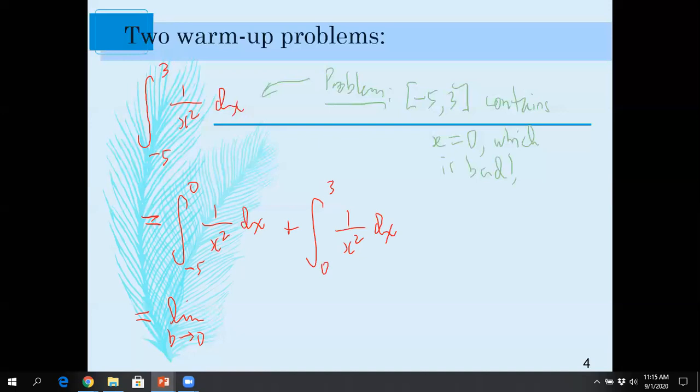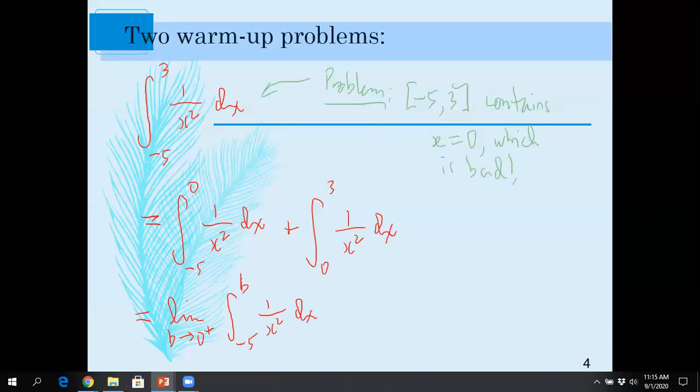So I want to go to 0 from which side? The left. So b goes to 0 from the left of the integral from -5 to b of 1 over x squared dx.